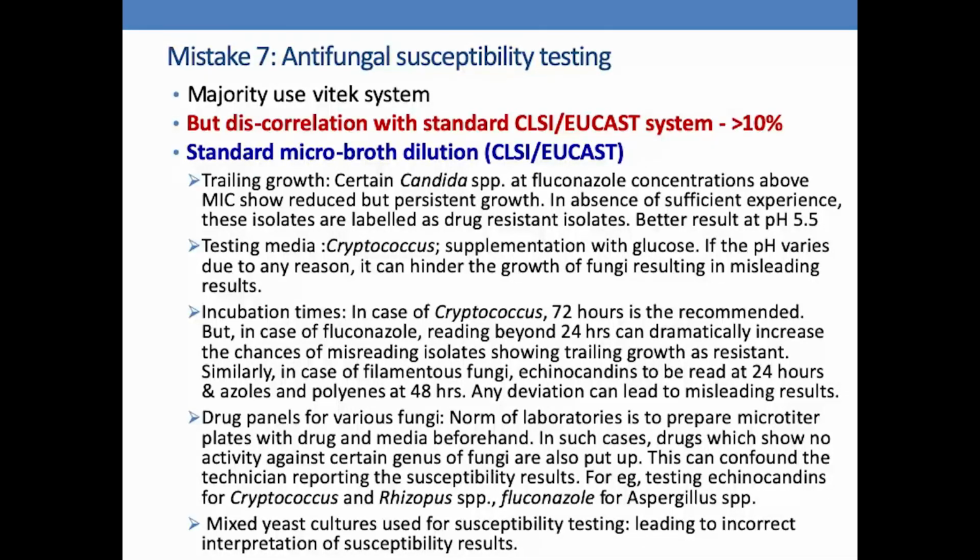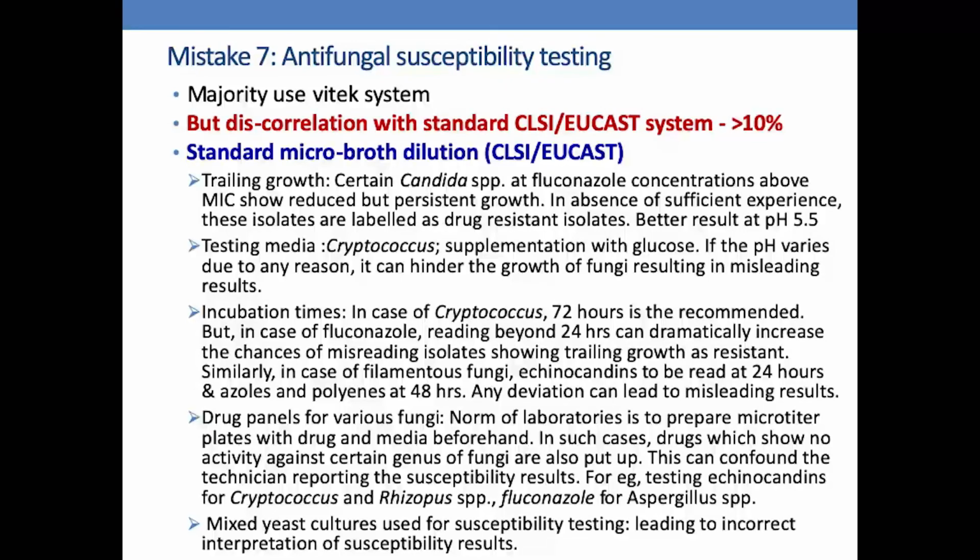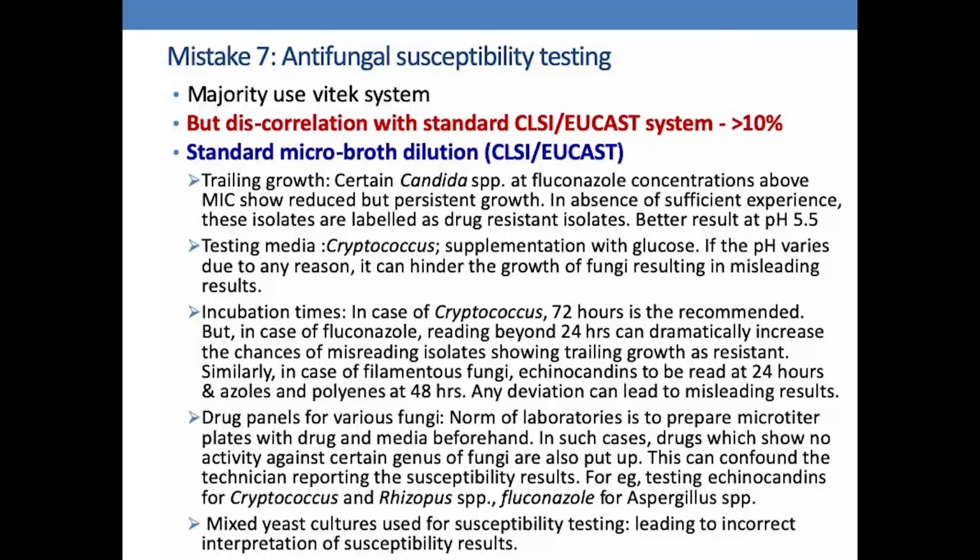Coming to a very important issue, antifungal susceptibility testing, that is mistake 7. Majority of the people use the Vitek system. Those who are not reference labs mostly use the Vitek system.